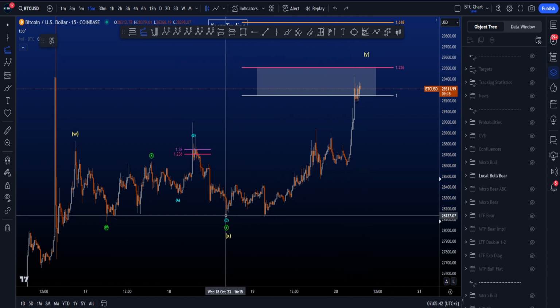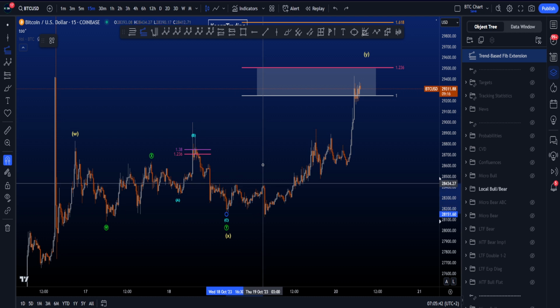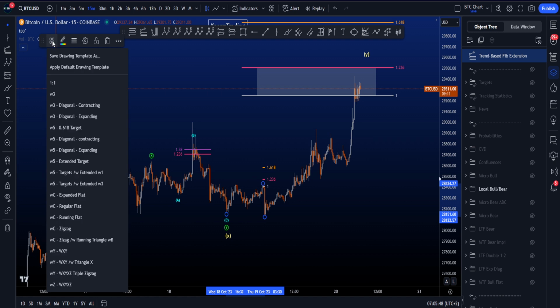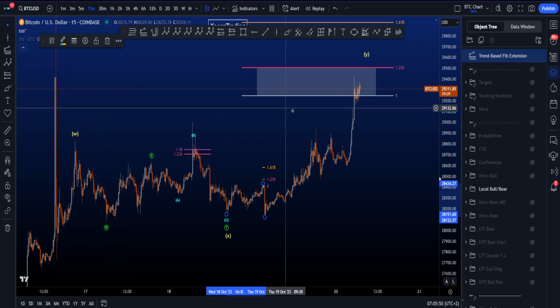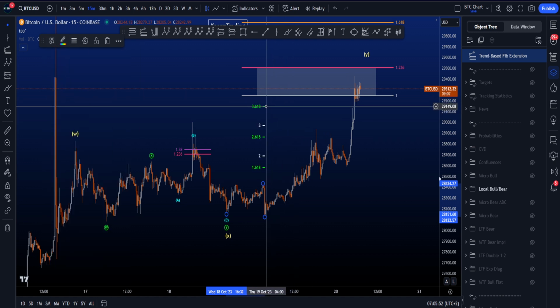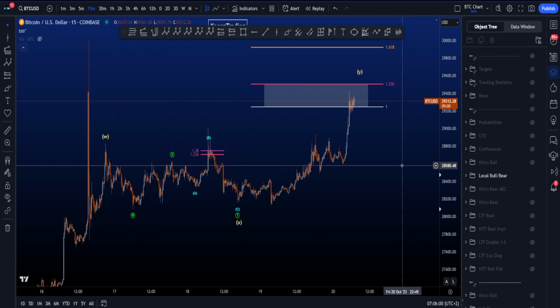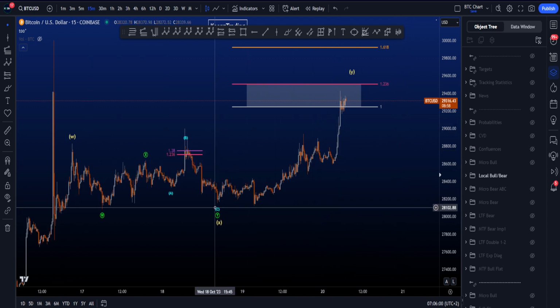And you can see that the wave C is incredibly long compared to your very, very small wave A and even smaller wave B. And it's even higher than the 3.618 trend-based fib extension, which is incredibly rare for a wave C, really lowering the probabilities of this scenario.